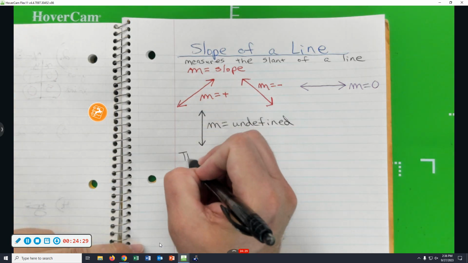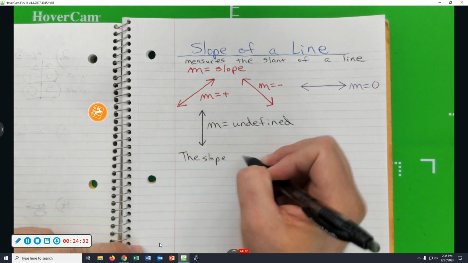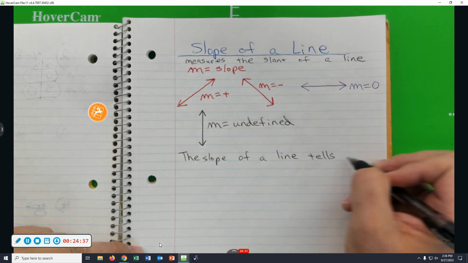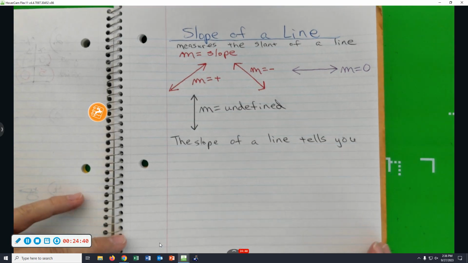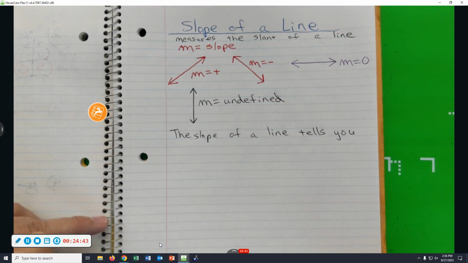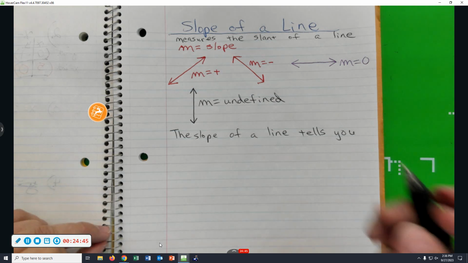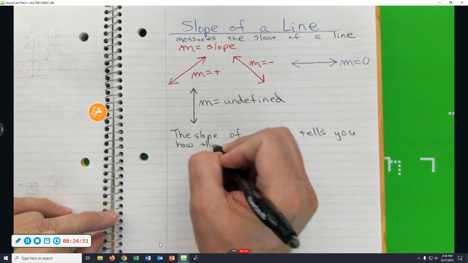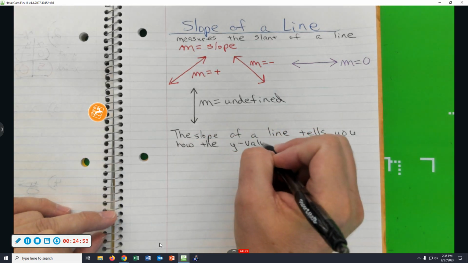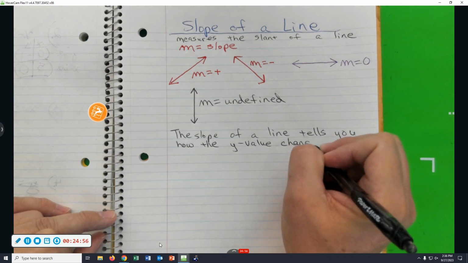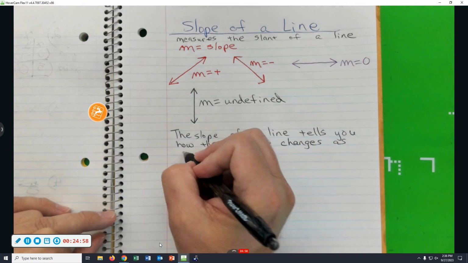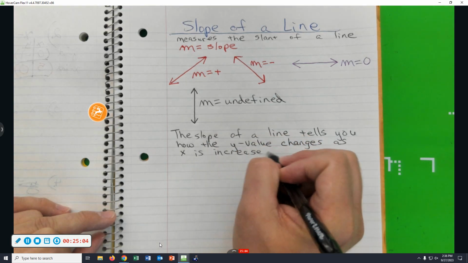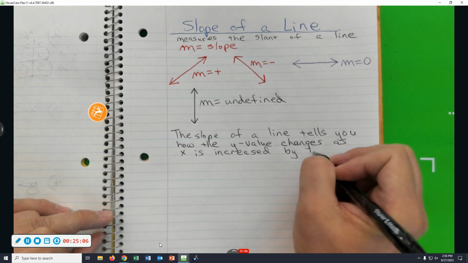The slope of a line tells you how the y value changes when you increase the x value by 1.